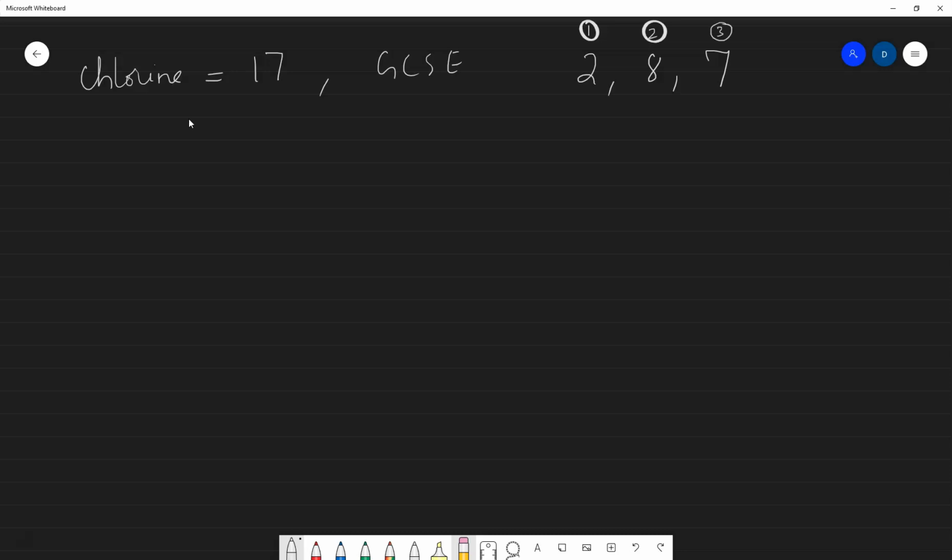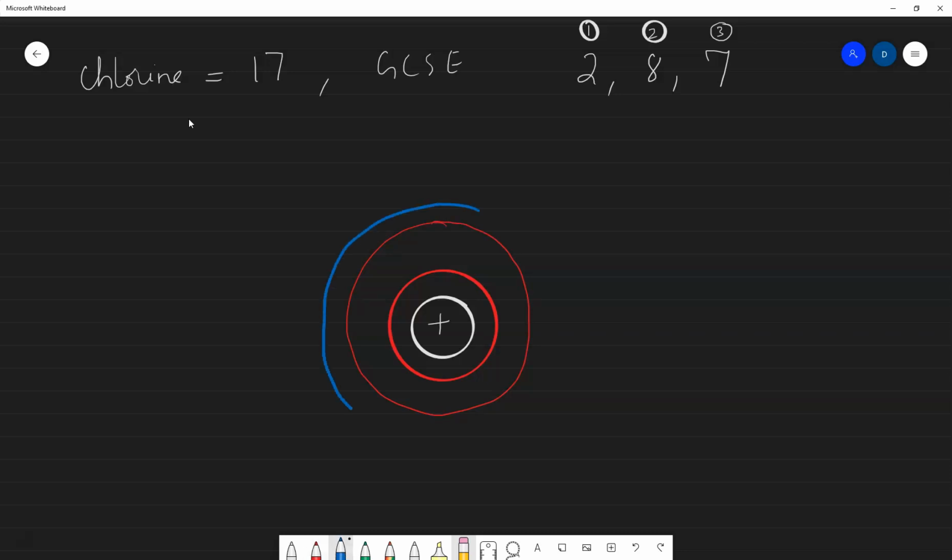Now apply this subshell concept. So you got the nucleus, I'm going to write this as a plus. The first shell has got only the S subshell, and the second shell has got the S subshell and the P subshell.